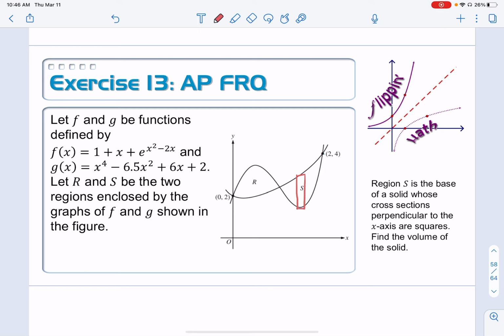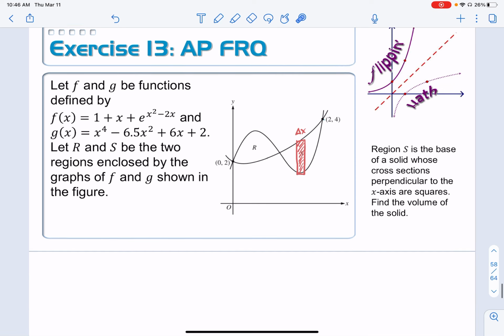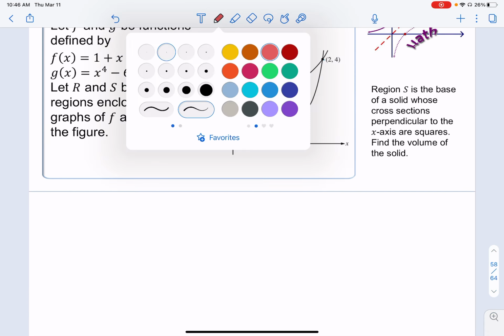Since it's perpendicular to the x-axis, it's going to be a vertical one with a delta x as the width. And then imagine that we're going to have squares coming out at us on another axis. Let me sketch what those things would look like.